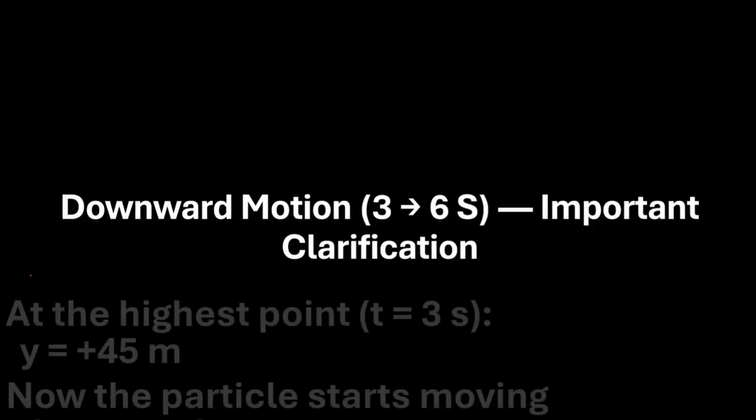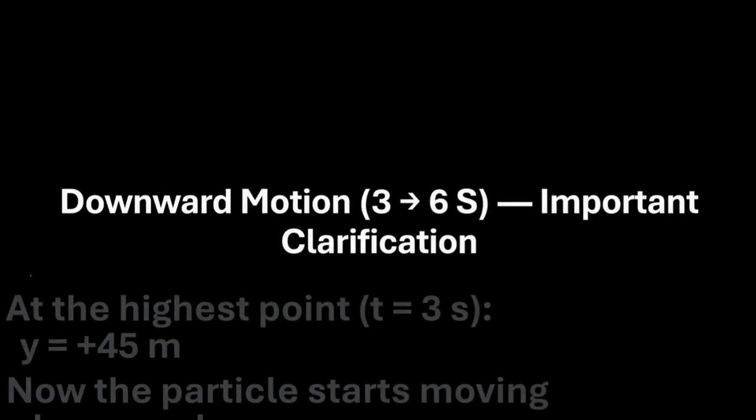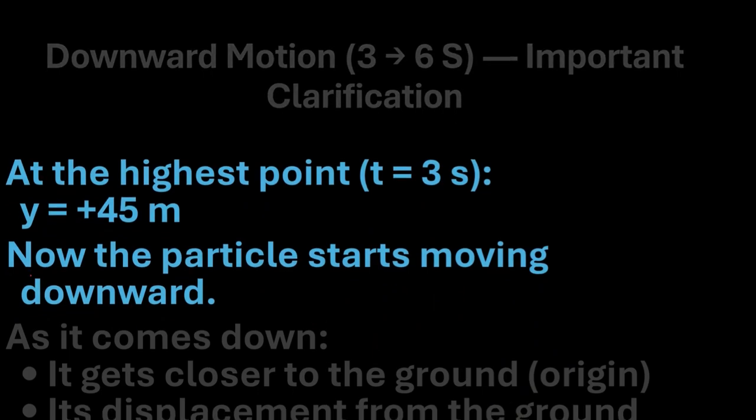Food for thought. Now, for the downward motion from 3 to 6 seconds, something which is very important, I want all of you to make sure that you clarify this concept here. At the highest point, when time t is equal to 3 seconds, y is equal to plus 45 meters, which means the ball has traveled a vertical displacement of 45 meters from the ground.